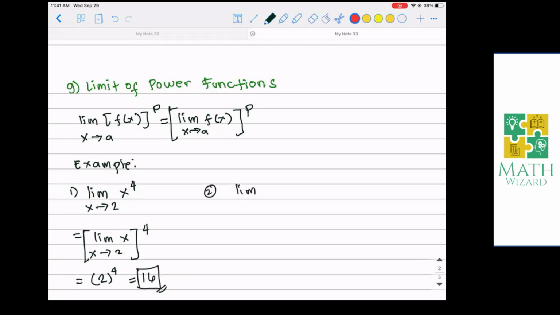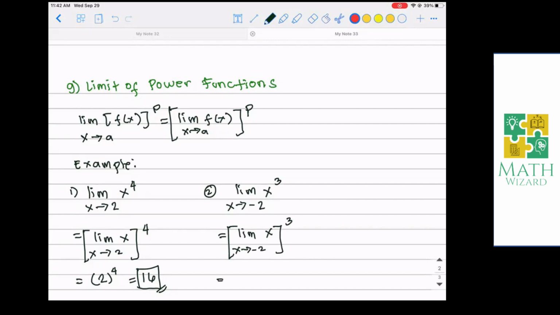Let's say the limit of x cubed as x approaches to negative 2. So we get muna the limit of the function. So that becomes the limit of x as x approaches to negative 2, and then we raise that one to 3.